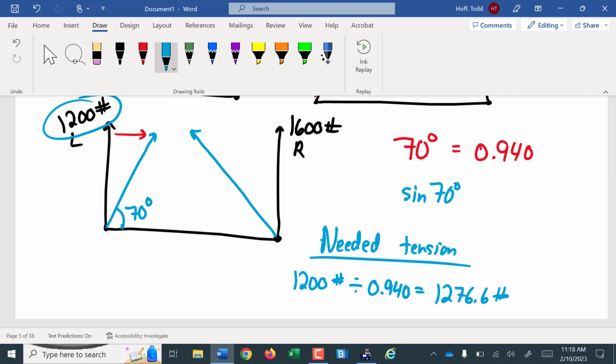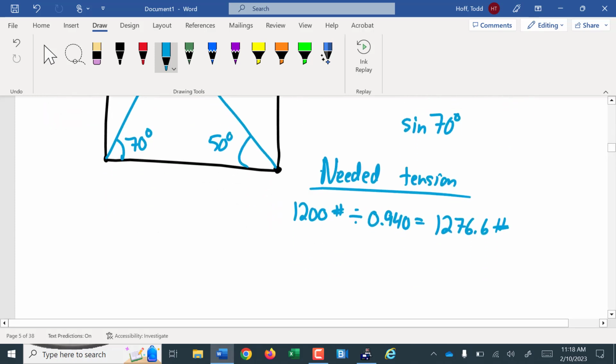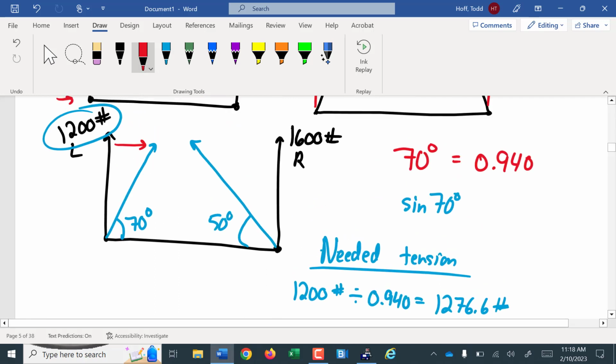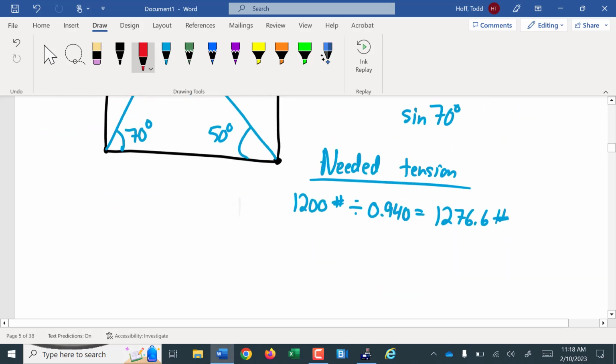The smaller the angle to the horizontal, the greater that reduction is going to be. If it's perfectly vertical, the angle to the horizontal is going to be 90 degrees. So let's say this is at 50 degrees here. You could look up in the table, 50 degrees is 0.766. So that one is 1,600 pounds.